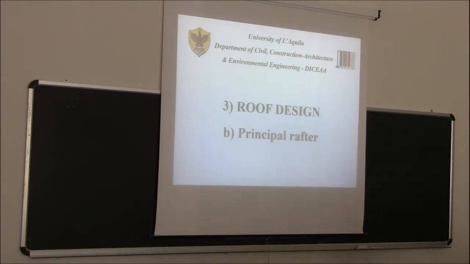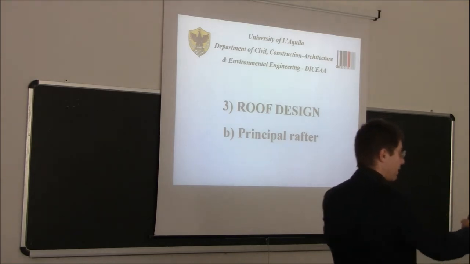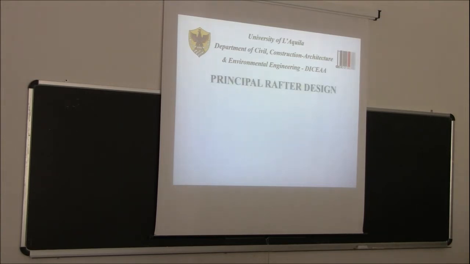So the principal rafter will be, in Italian, puntone of this king truss system, which in Italian translates with what do you say? Capriata, typical capriata system. So we will have to go through different steps.